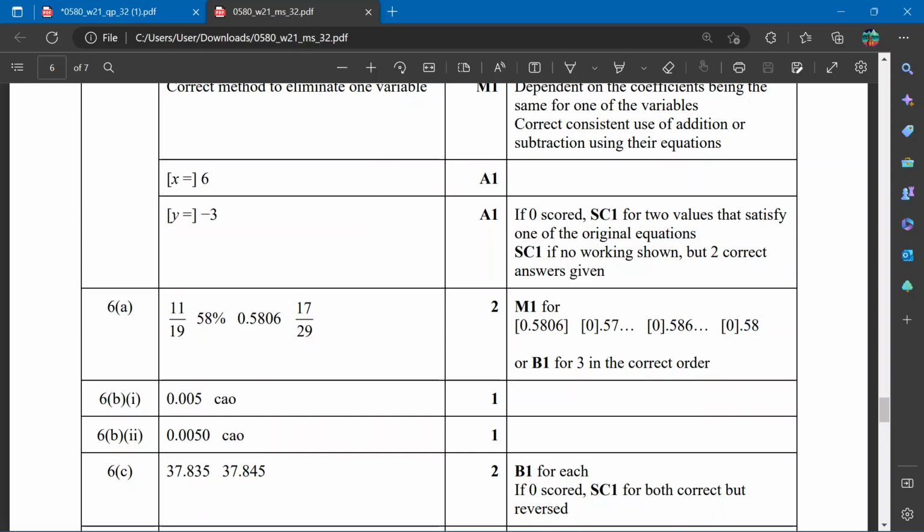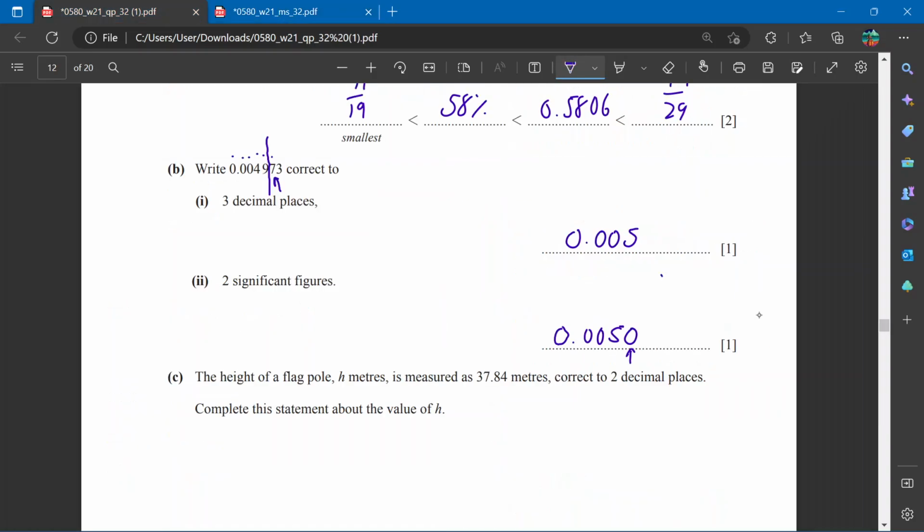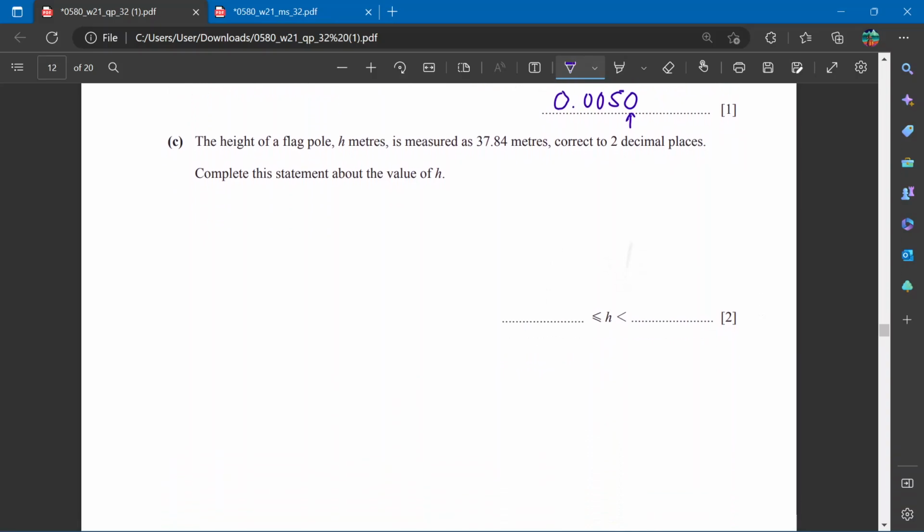Yes, you have to put that 0 because it says correct answer only. That's what CAO means. So they seem to want that 0 there. It's not always been. This is the first time I see this actually. So put the 0, even though 0.005 is the same number. They want you to put that 0, just to show you've rounded it to 2 significant figures.